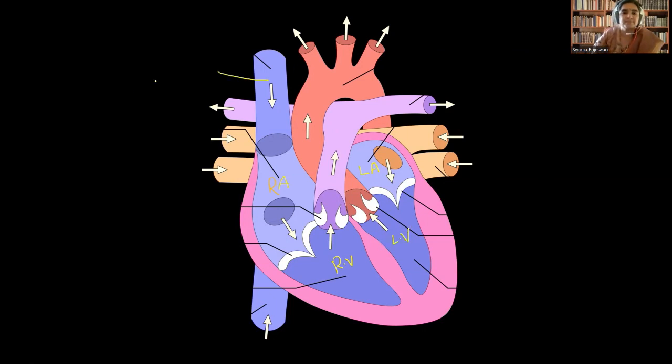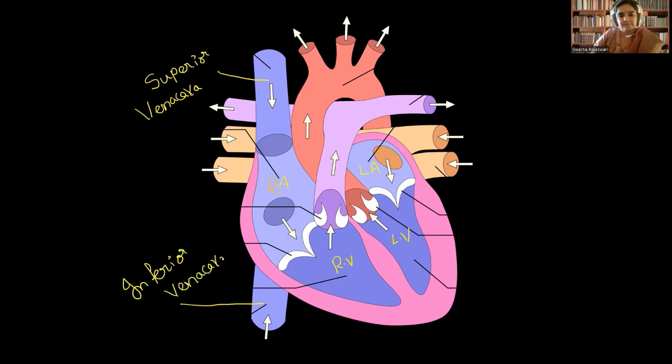And this is the superior vena cava, inferior vena cava, pulmonary artery, aorta, and these are the pulmonary veins.